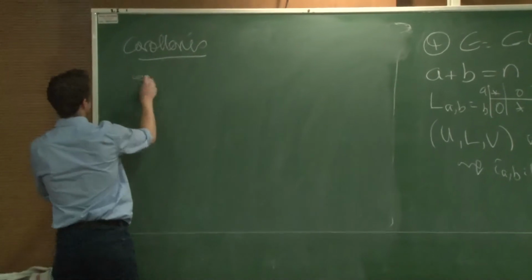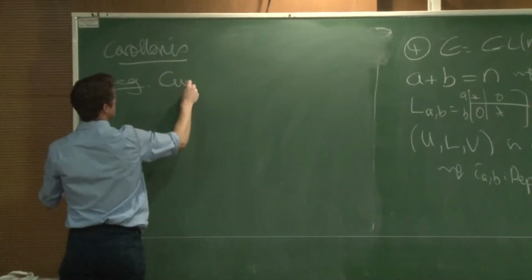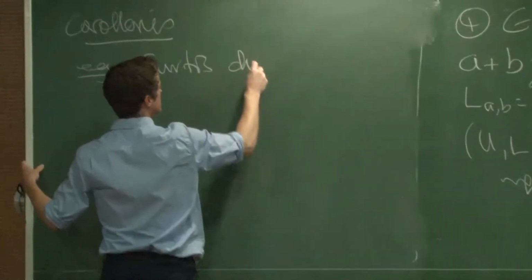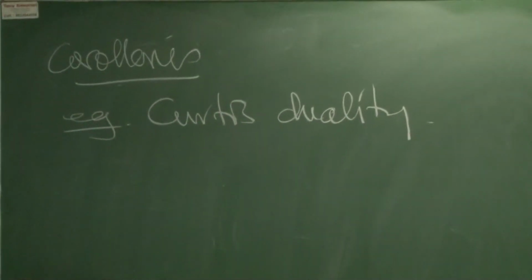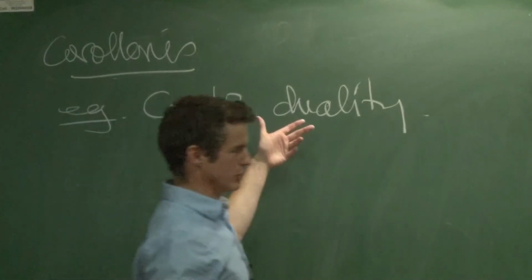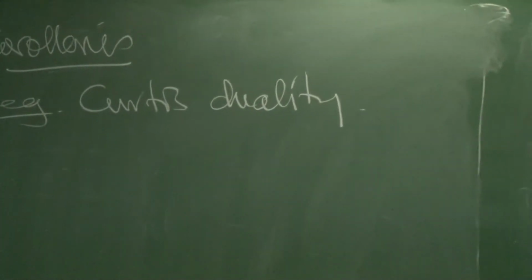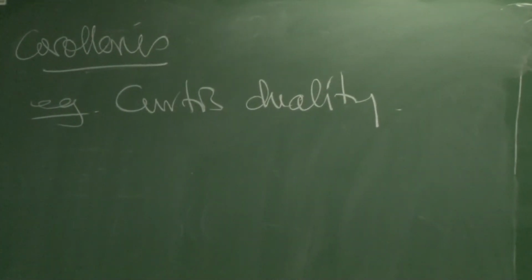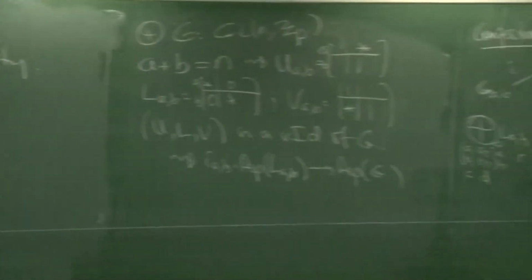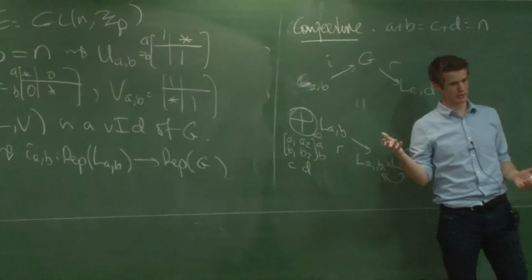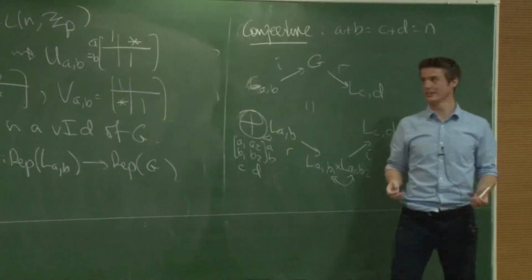Let me just give you an example. It would immediately give you the analog of so-called Curtis duality, which you may be familiar with from the representation theory of finite reductive groups, and which also has an analog for representations of p-adic reductive groups, where it should be called Aubert-Zelevinsky duality.